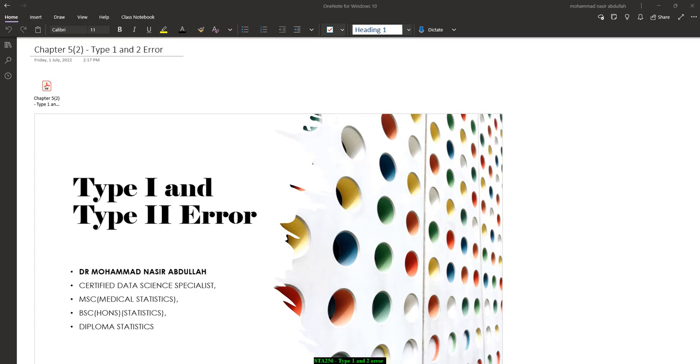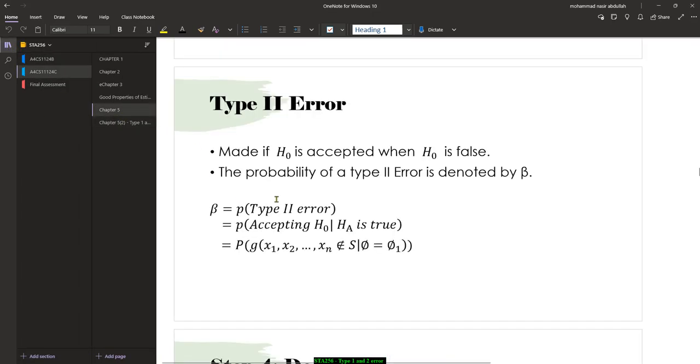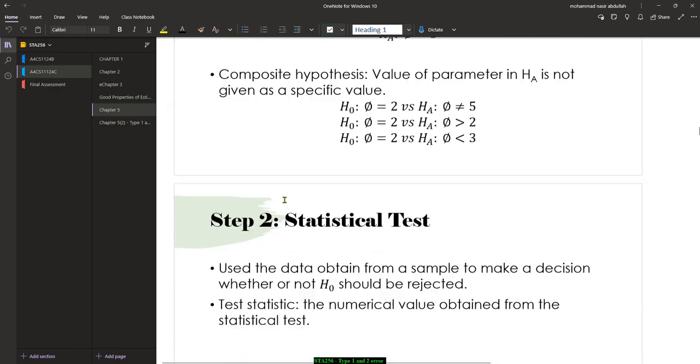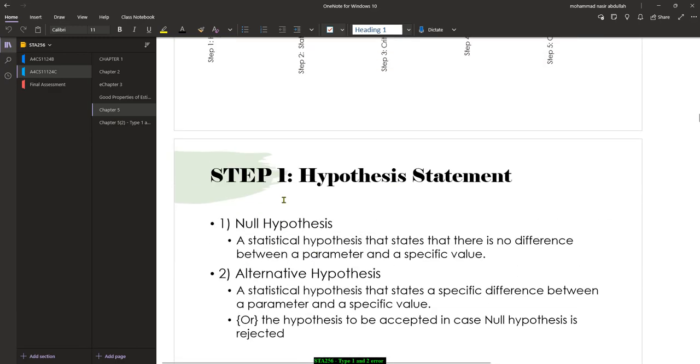Alright, so let's start with type 1 and type 2 error. Last class we already looked at the definition of hypothesis testing, especially simple hypothesis and composite hypothesis and so on. I think we have seen that, right? And we already know what the null hypothesis and alternative hypothesis are.